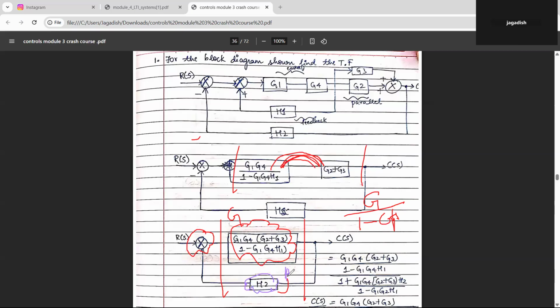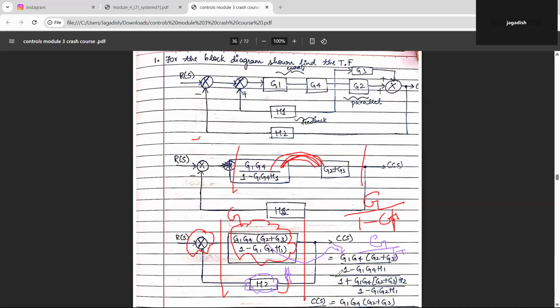Whichever problem you solve, solve it correctly. So G1, G4 into G2 plus G3 divided by 1 minus G4, G1, G4, H1. Whatever is there, I have written here. Hope everyone is understanding. Divided by 1 plus GH because it is positive. It is a negative sign connected, so I have to take positive here.